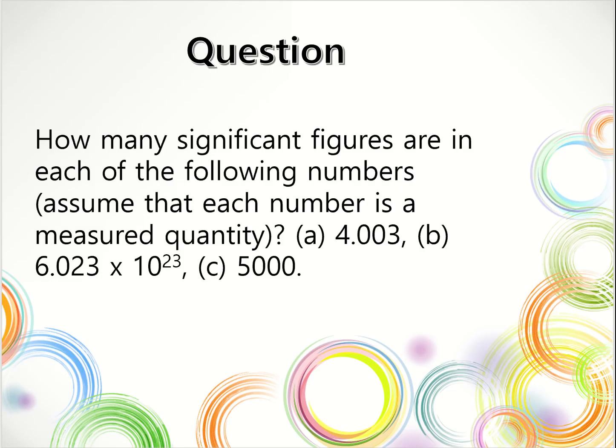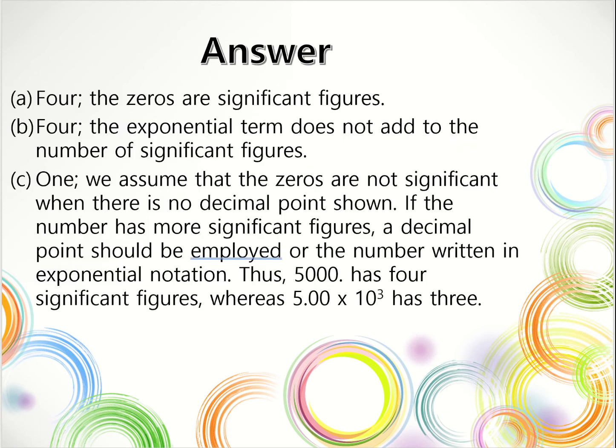All right, so our next question is, how many significant figures are in each of the following numbers? Assume that each number is a measured quantity. So take a second and look through A, B, and C and let me know how many significants are in each number. All right, so if you answered 4 for A, the zeros are significant figures, right?